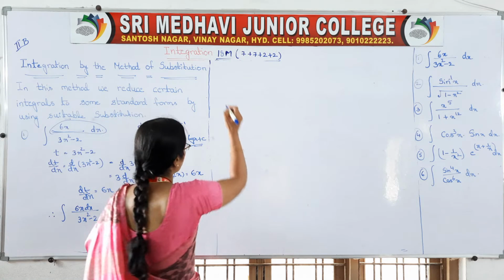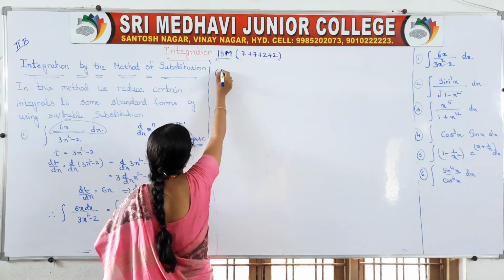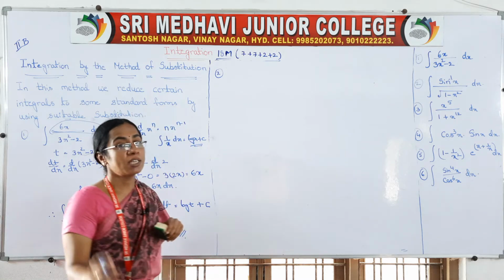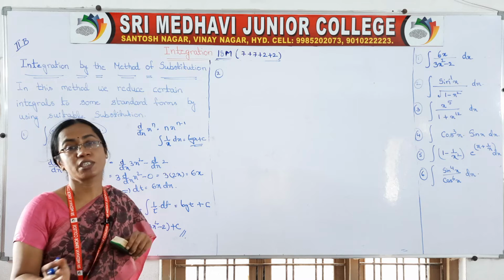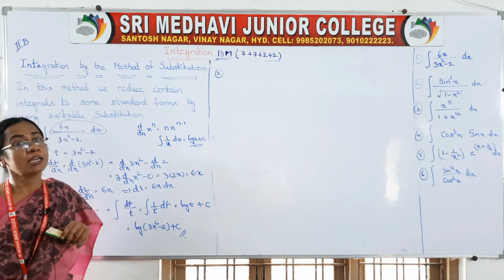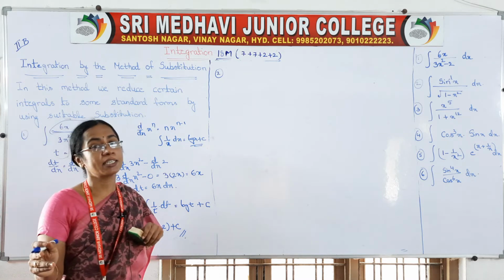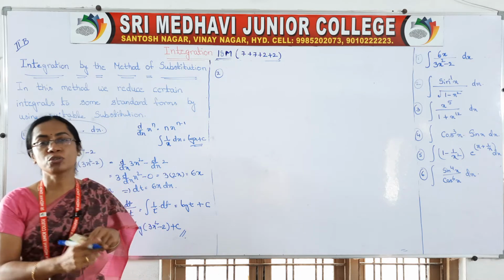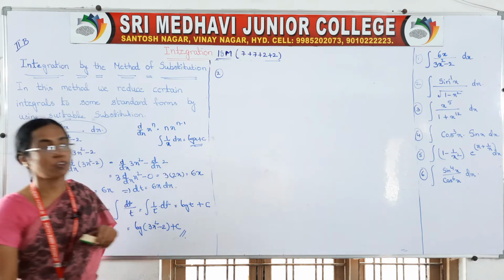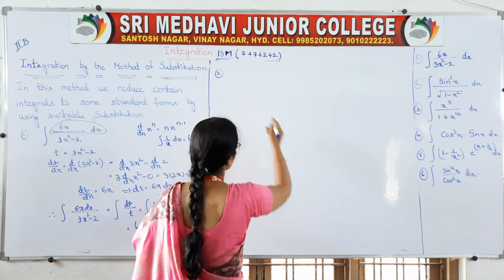Okay, so now come to the second one. Once after copying these problems, open your first year notebook and go through the differentiation formulas, right? Only in the substitution method are we going to use these differentiation formulas. So come to the second question.